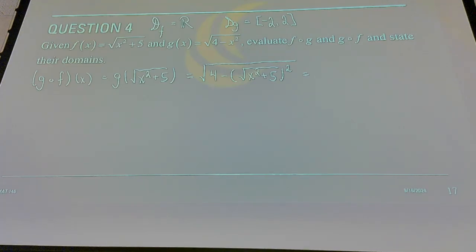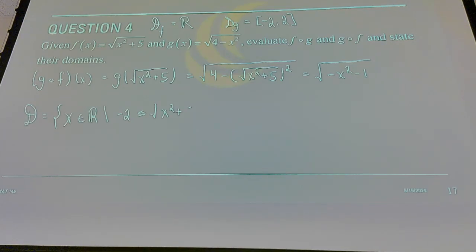Now look at the domain. Set of all x in the domain of f such that f of x is in the domain of g, which can be broken down even further.